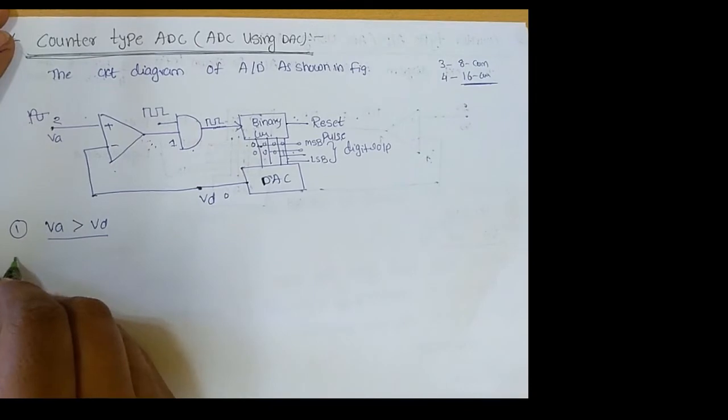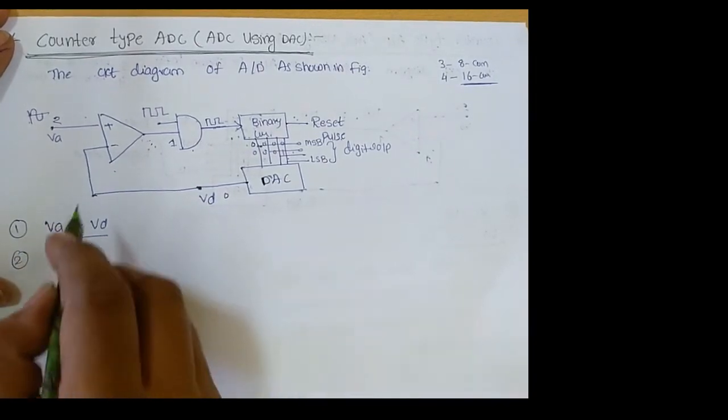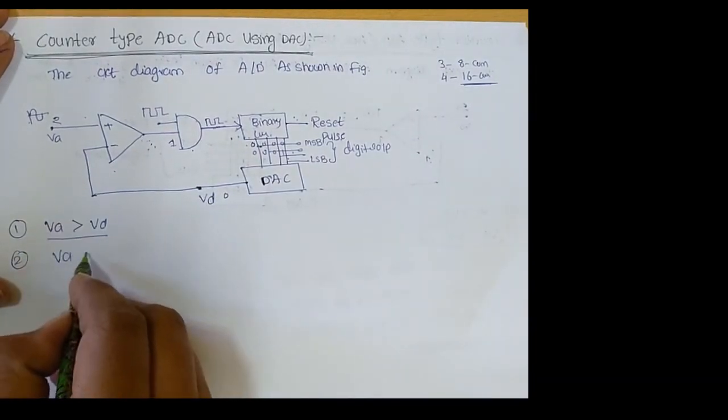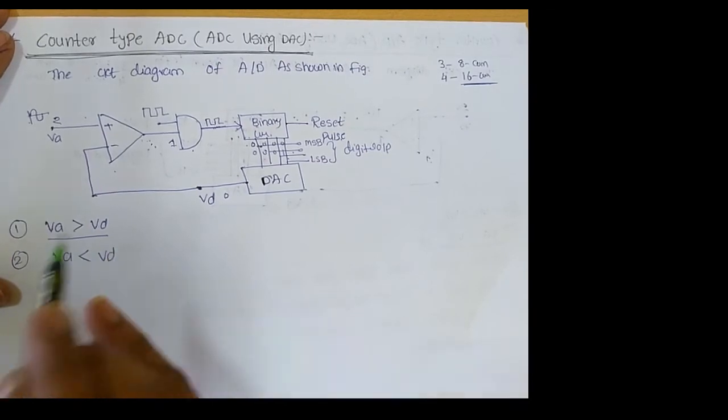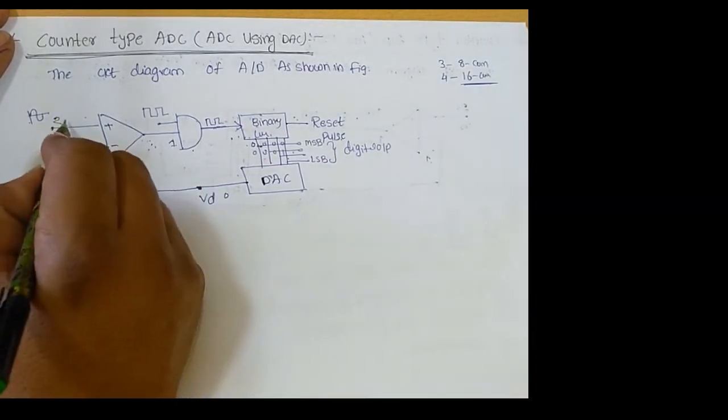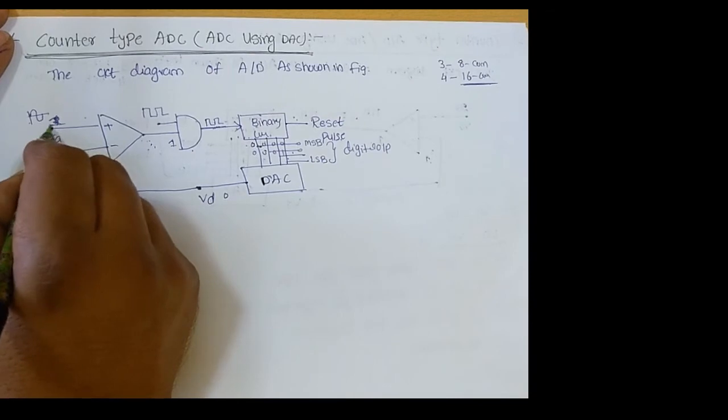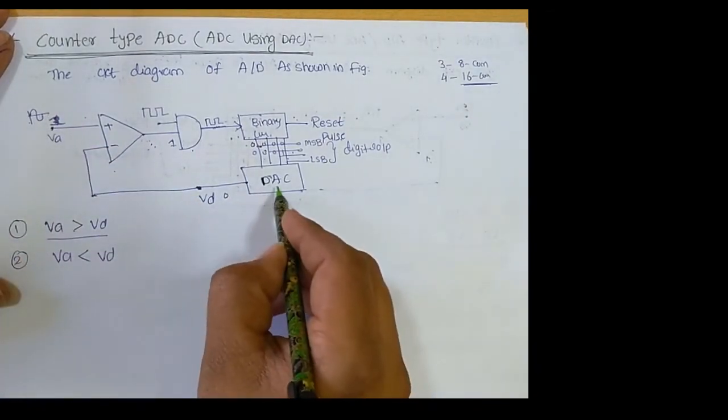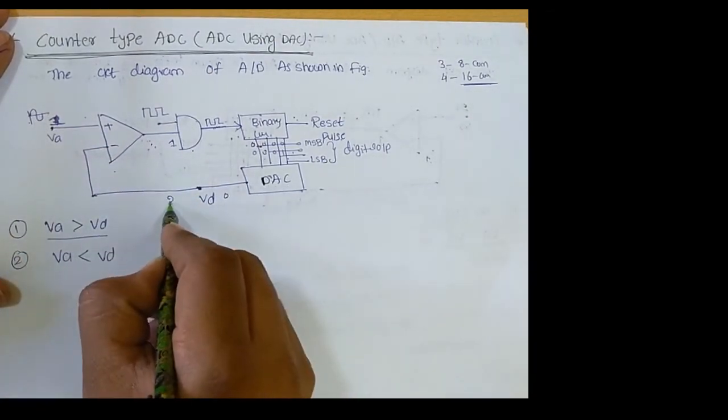Okay, and for example here we are assuming the condition is VA is less than VD. It means that, for example, here we are assuming the analog input signal voltage is 1 volt, but the digital to analog converter output is 2 volts.